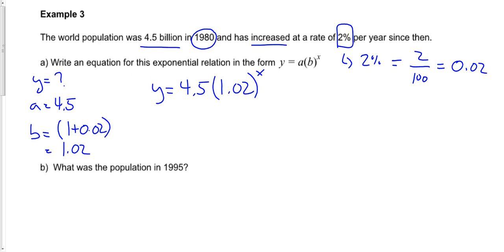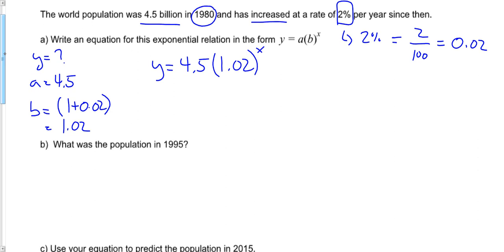So we want to then figure out here in part B, it says what was the population in 1995? Okay, well, our initial population was from 1980. So 1995 minus 1980 will tell me the number of years that have gone by since the initial value was calculated. So 15.